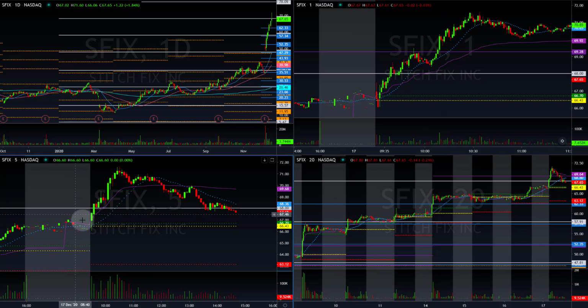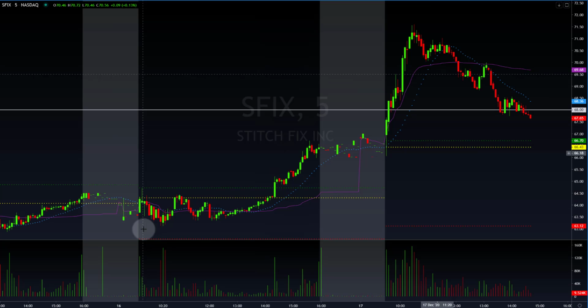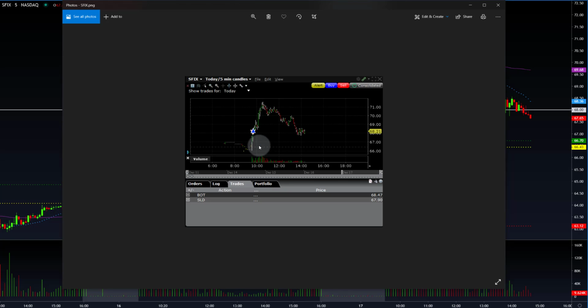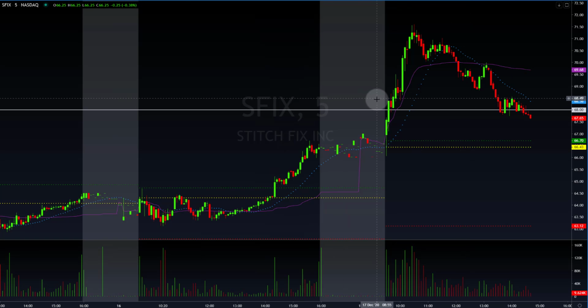So the way I stop again, one second. I stopped at around 68.47. So look at that. This candle, this is where I entered my trade. 67.90 is where I entered my trade, and that green candle actually went all the way to 68.39, right?